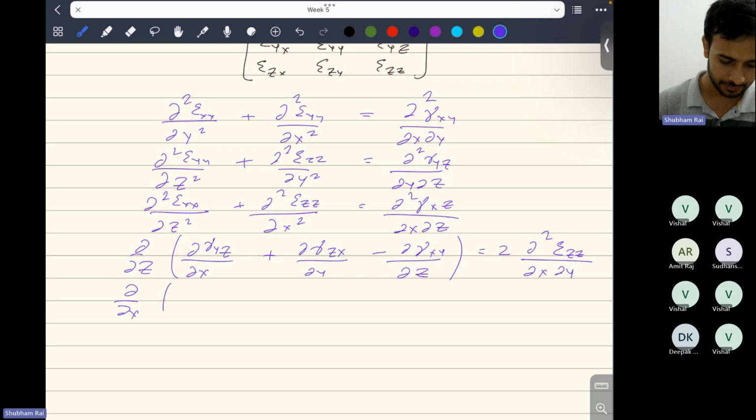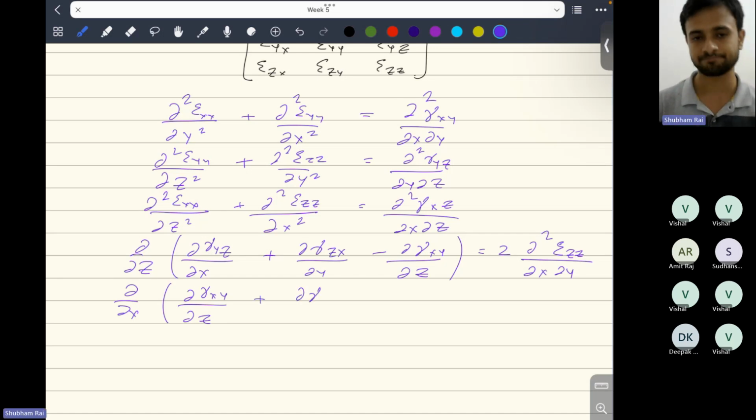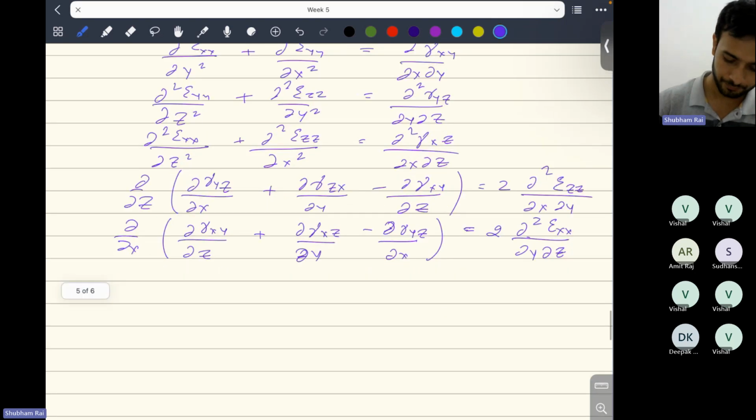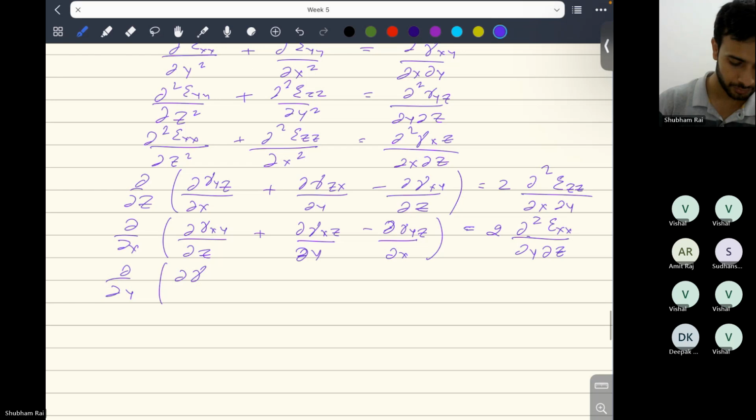Then you have del by del y, which will be equal to del of gamma xy over del z, del of gamma yz over del x.